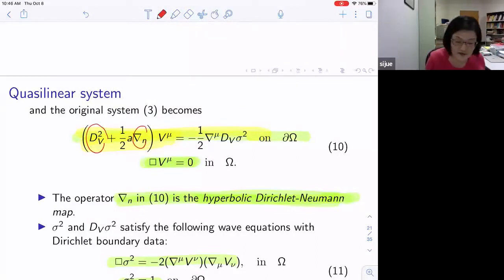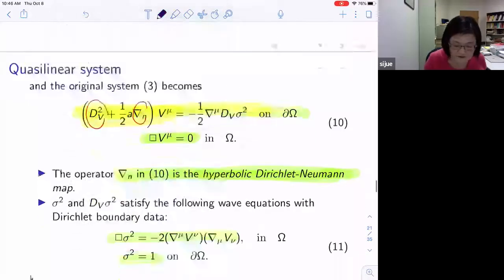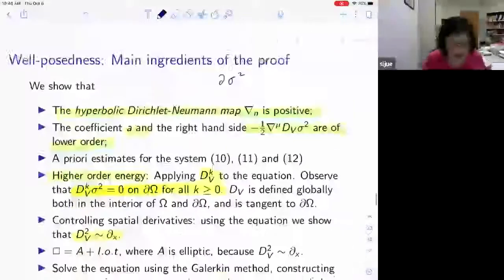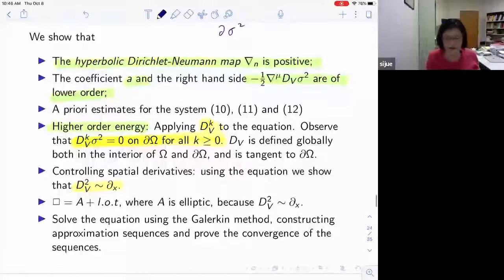So 2 material derivatives are equivalent to 1 spatial derivative, and you can show that. Using the equation, we can show these two are equivalent. Then the control of the two material derivatives translates to control of one spatial derivative, and this allows us to control the L infinity norm. And we do have to, because box does not have an elliptic type estimate.